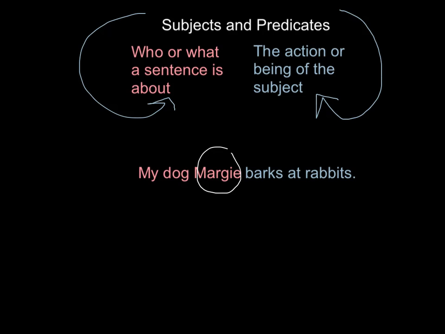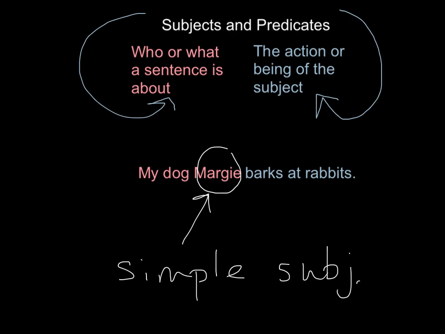Margie is the simple subject. You can take away the words my dog and it still makes sense with just Margie. That is truly what the sentence is about. We can also break down the complete predicate to the simple predicate, the one word or the verb, the action verb that tells us what's going on in the sentence.